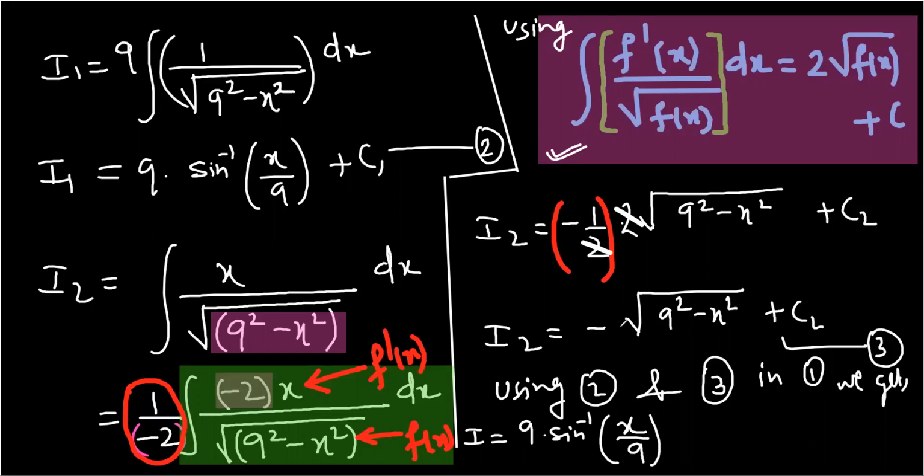What is I2? I2 is negative square root of 9 square minus x square plus C2. Remember students, here you had C1 and here you have C2. C1 plus C2 will get us C. So this is my final answer. That completes the solution, where C1 plus C2 is equal to C.